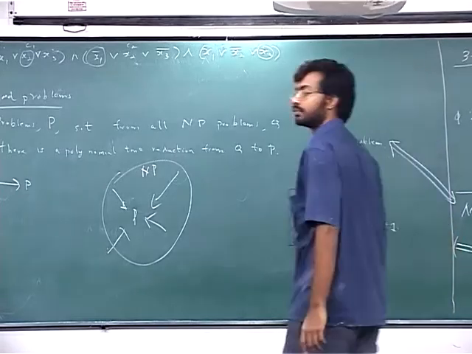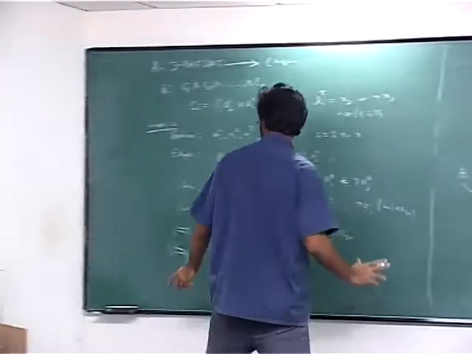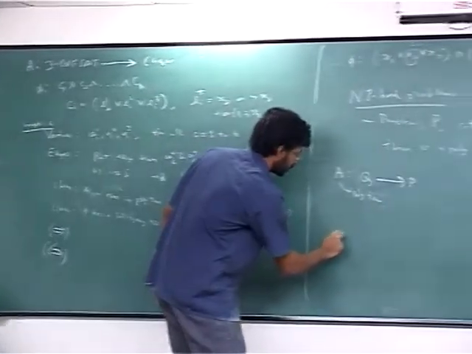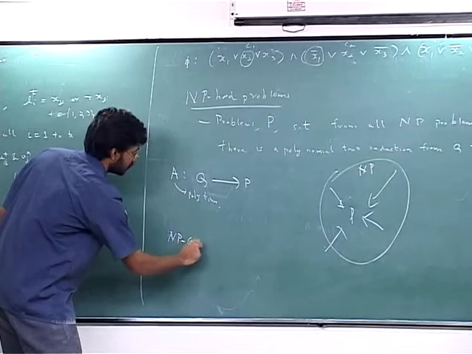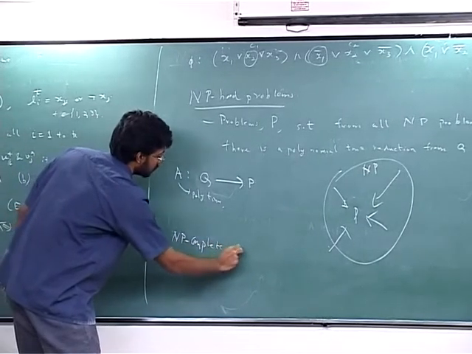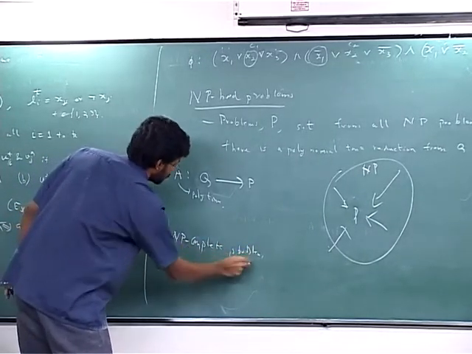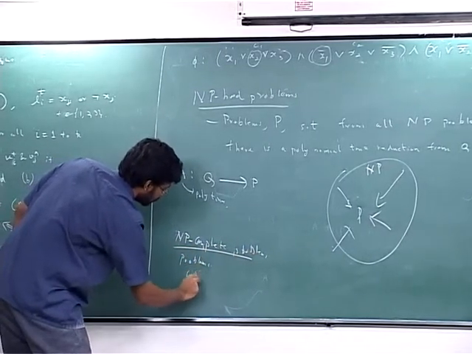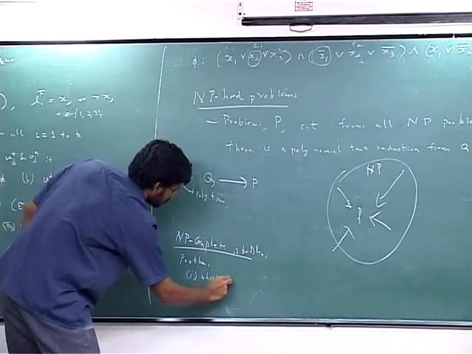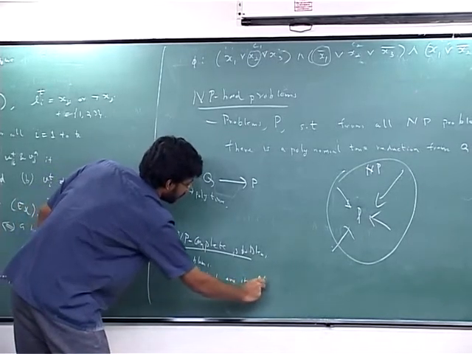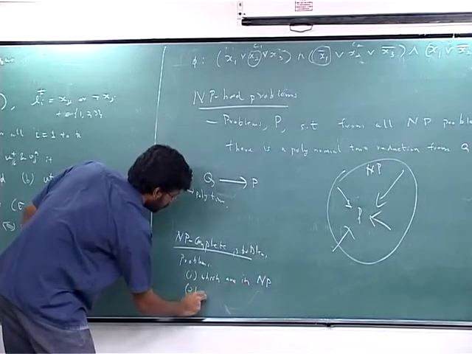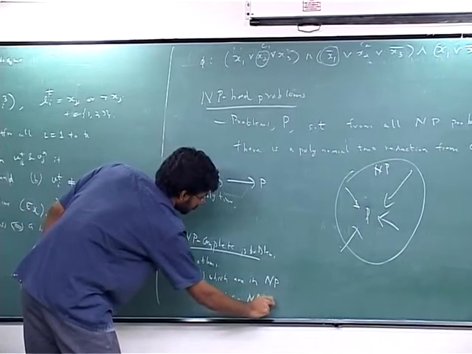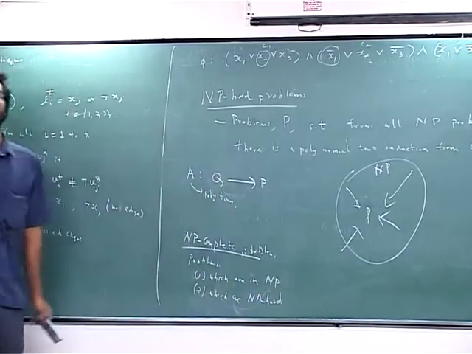So these are something like the hardest NP problems. There is one more definition coming: NP-complete problems. These are problems which, one, are in NP, and two, which are NP-hard.